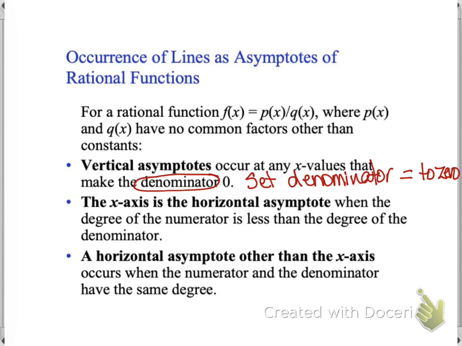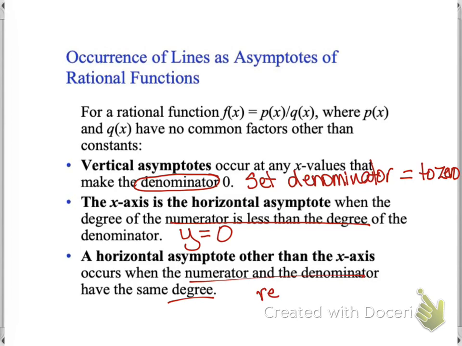Okay? The x-axis is the horizontal asymptote when the degree of the numerator is less than the degree of the denominator. So it's just y equals 0 when the degree of the numerator is less than the degree of the denominator. A horizontal asymptote other than the x-axis occurs when the numerator and the denominator have the same degree.